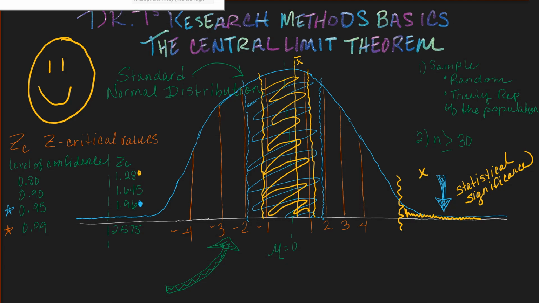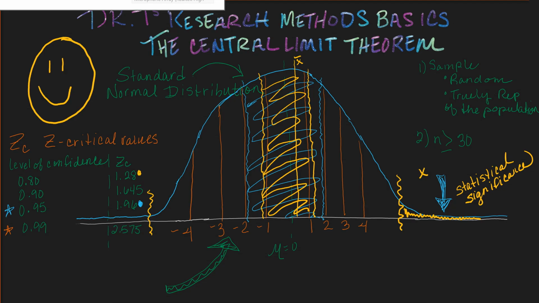We could have one down here too. that are less likely to occur by chance. They're less likely to just be random. Instead, they're statistically significant. And we'll get to that in a later video.